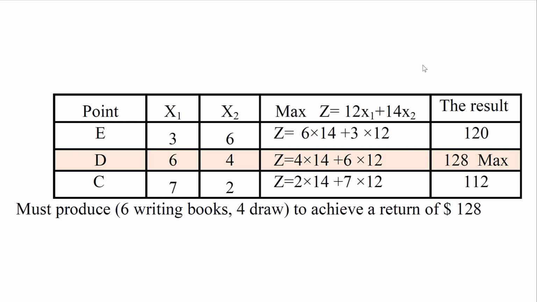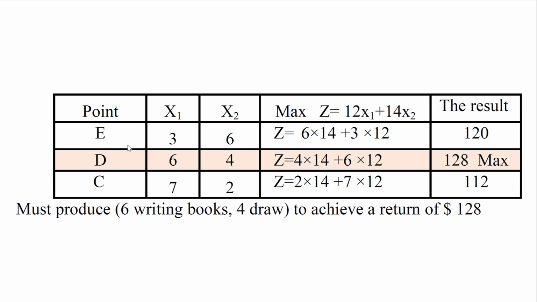So we substitute each point into the objective function. For example, point E, when x1 equals 3 and x2 equals 6: z equals 6 multiplied by 14 plus 3 multiplied by 12. The result will be 120.